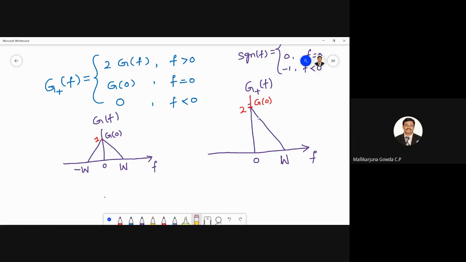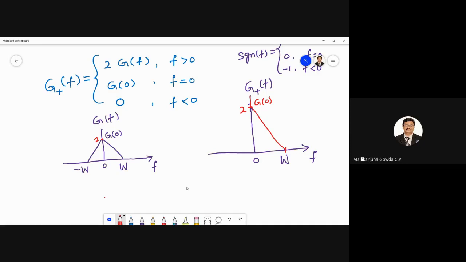So now the magnitude has become twice the G of f. That is what I'm indicating there. Is this fine? The pre-envelope of the signal. Hope you understood what I wanted to say.